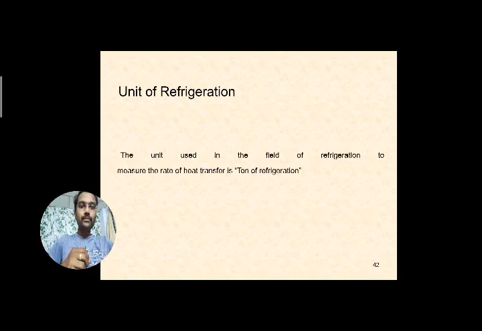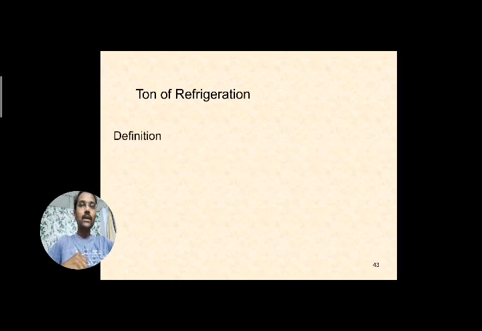The unit of refrigeration is the ton of refrigeration, given as 1 TR, meaning 1 ton of refrigeration. Let us explain it clearly. What is a ton of refrigeration? Try to remember, ton is not a unit of mass here. It is a unit of refrigeration.